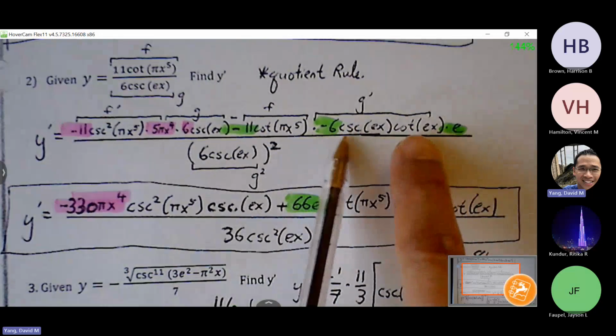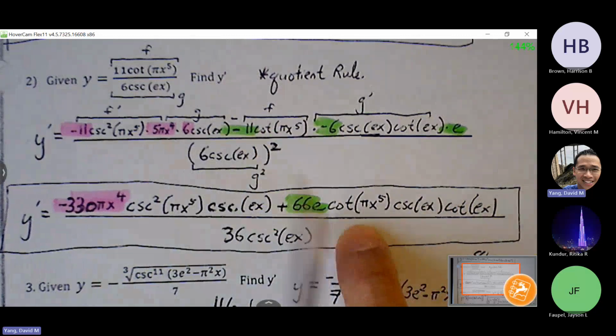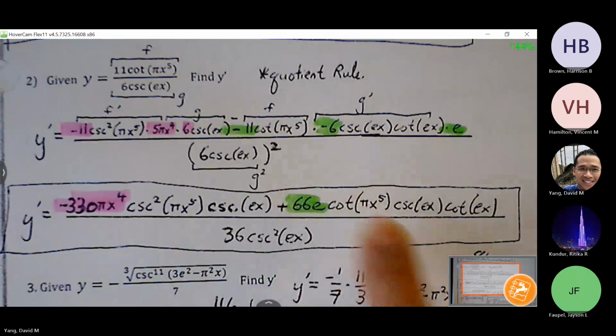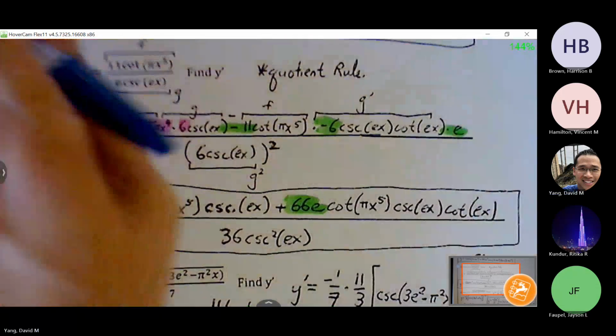The derivative is cosecant cotangent. This I brought down because of the f. Okay. Anything else? Everybody okay? All right. Number 3.